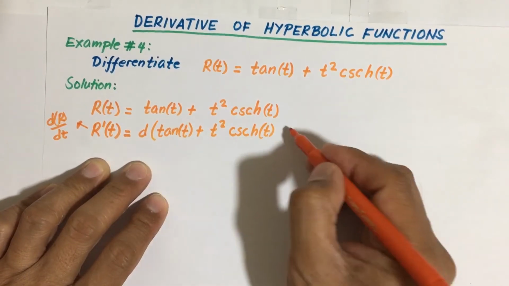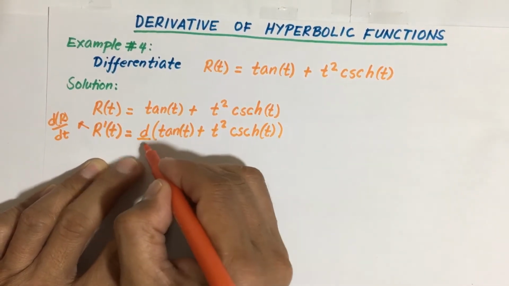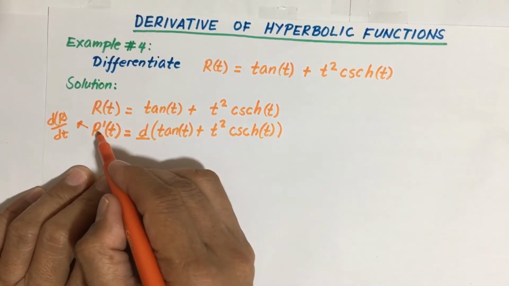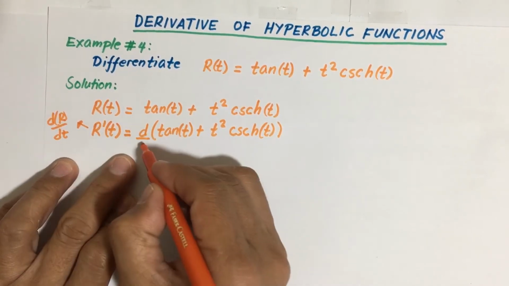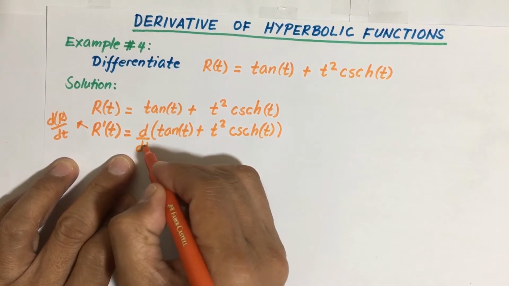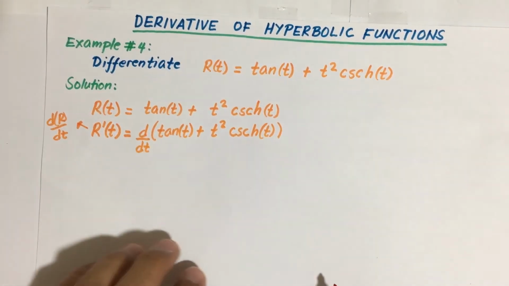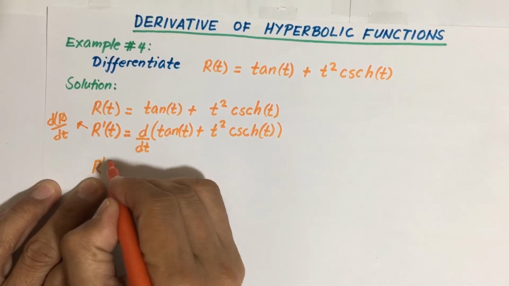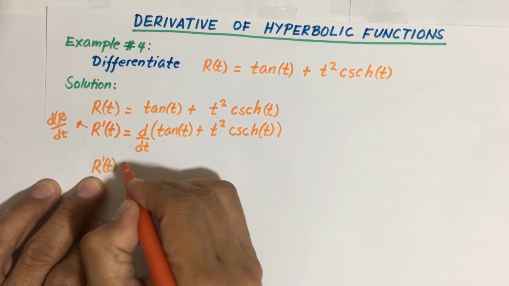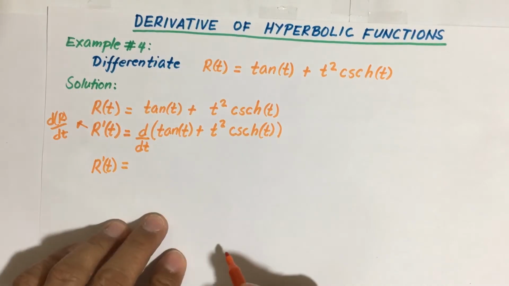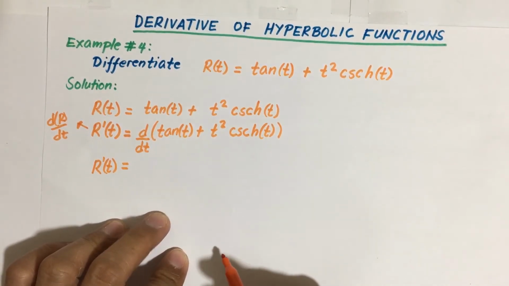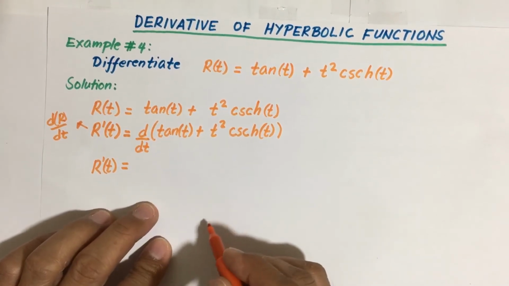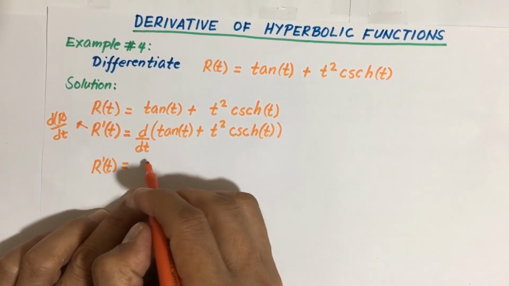Okay, so the derivative of this with respect to t. This time, class, we don't use x anymore because our function is a function of t. And then applying the sum rule together with the product rule. But before the product rule, let's first perform the sum rule.